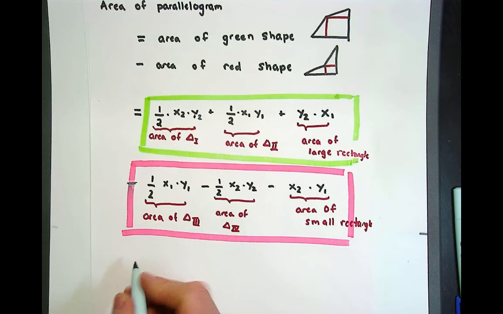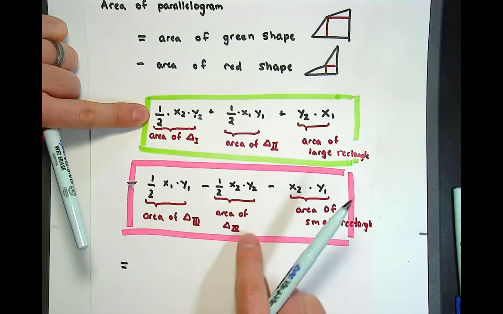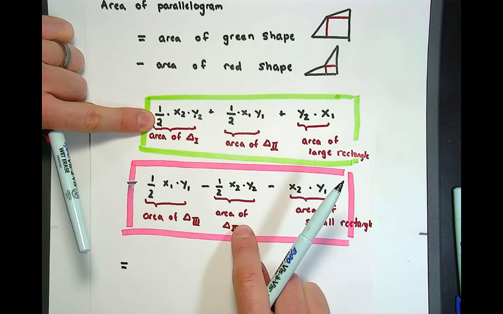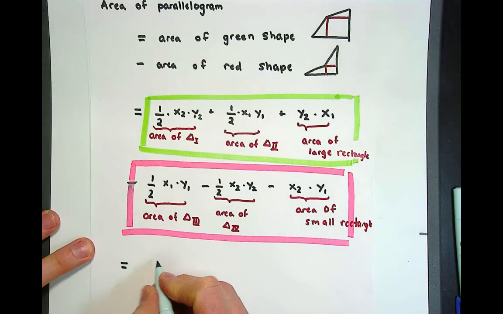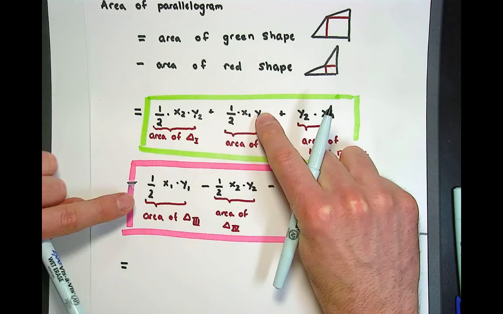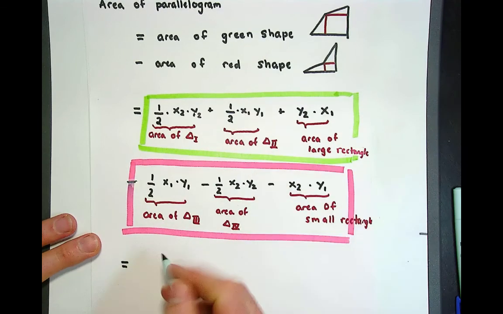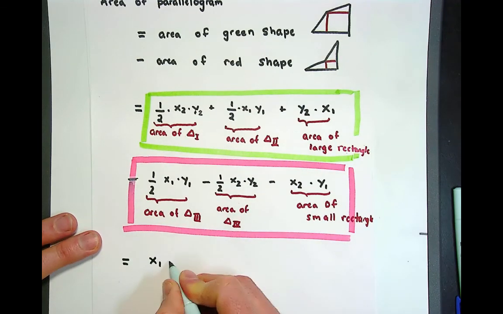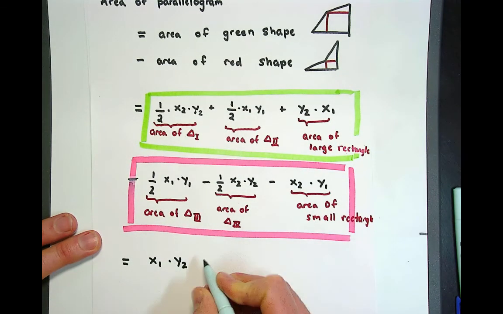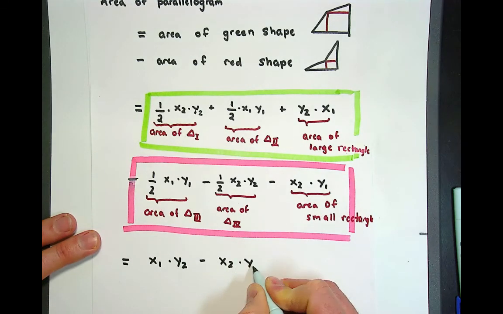Okay, well, take a look at the math here. Do you see anything that cancels out? The area of triangle 1 was identical to the area of triangle 3 because they were actually the exact same triangle. So those cancel out. The area of triangle 2 was identical to the area of triangle 4 because they were the same triangle. And what we're left with is just x1 y2 minus x2 y1.